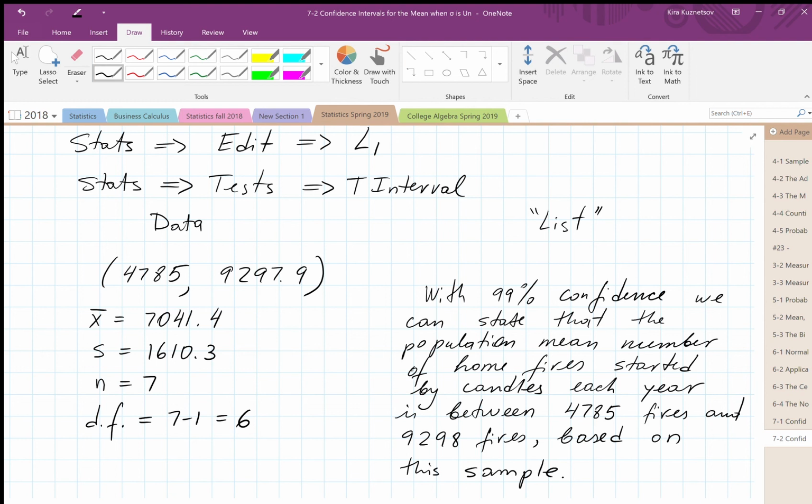I need 30, 50, 100, something a little over that, but with n equal to 7, you're not going to get any nice numbers. It's somewhere between 4,700 and 9,200, so huge. This is just about the gist of 7-2, and in the next video I will show you how to do these two examples on the calculator.